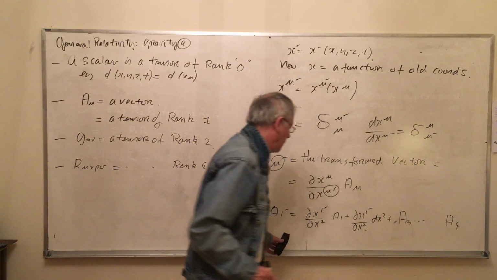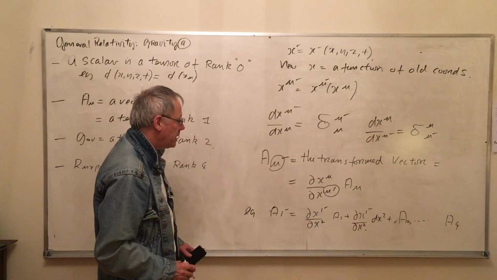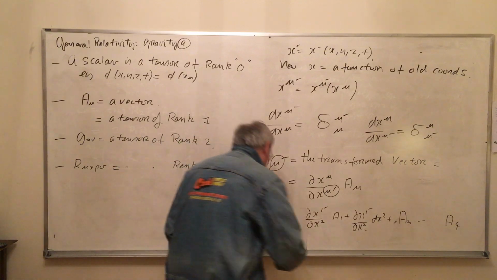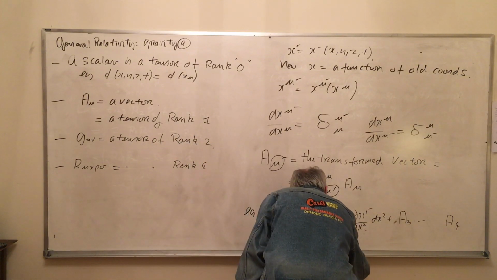Sum from 1 to 4. Okay, so we're using the summation convention all the time, and eventually it'll get into your skull. Now this is called a covariant vector.